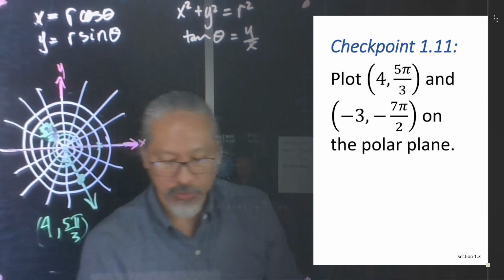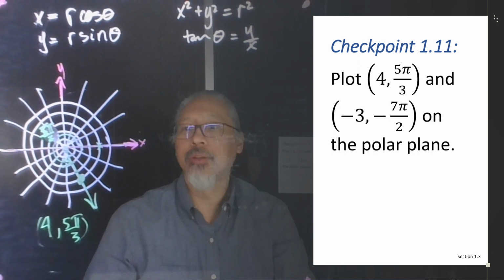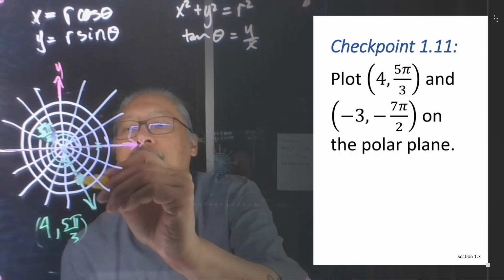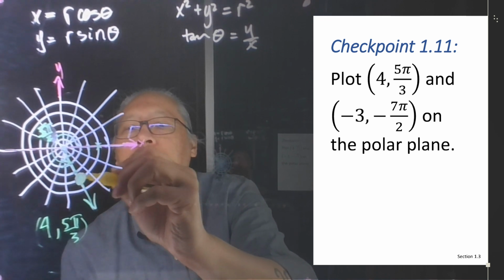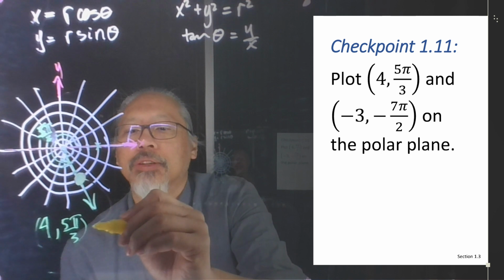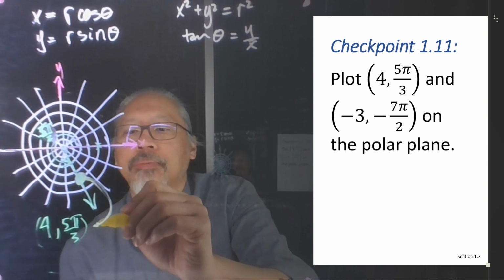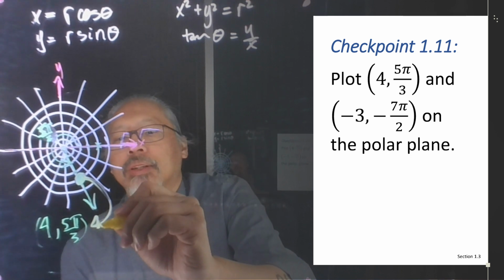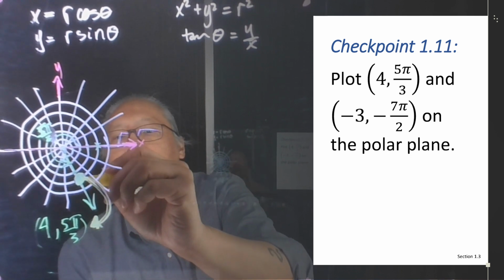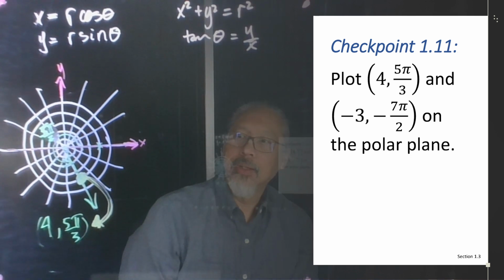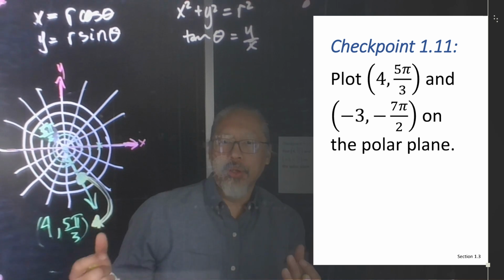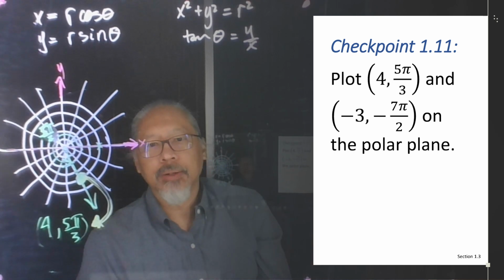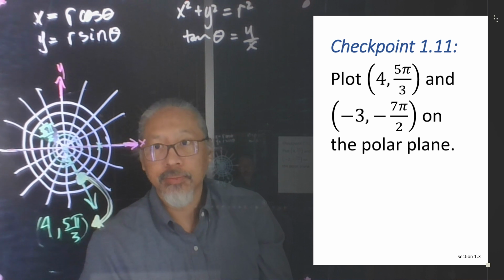So this point over here, we can make it a little bit bolder. This point is going to be the point (4, 5π/3). Okay, so that's drawing it with the actual polar coordinate system.